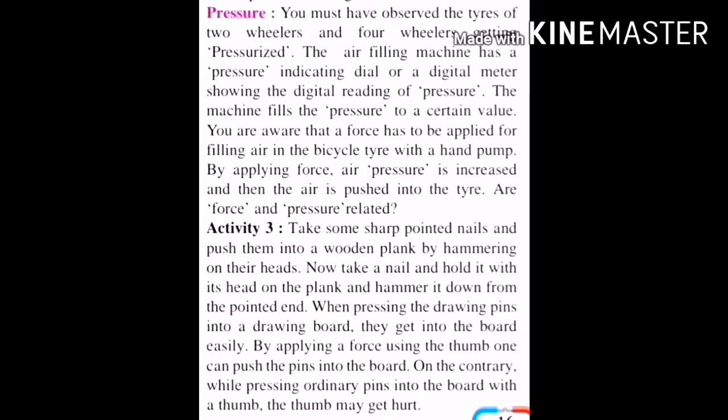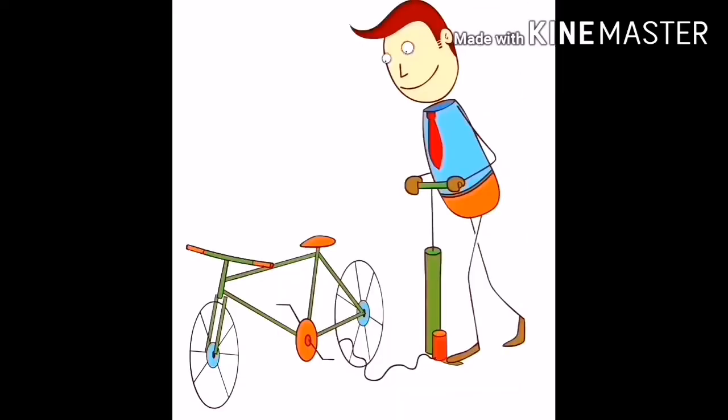So students, listen carefully to what I am saying. The tires of two-wheelers or four-wheelers are filled with air. So students, look at this picture. One boy applies force to get air into the bicycle tire with the help of a hand pump.